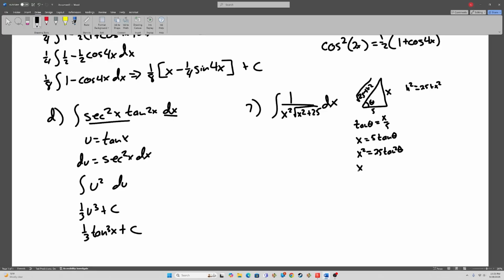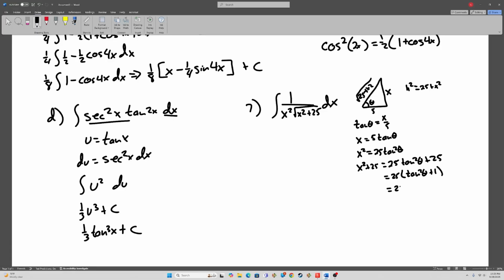And then if we add 25 to that, x squared plus 25 is the same as 25 tangent squared theta plus 25. Well, we can factor out a 25 from there, and this is tangent squared theta plus 1.